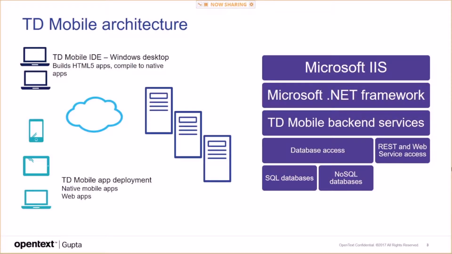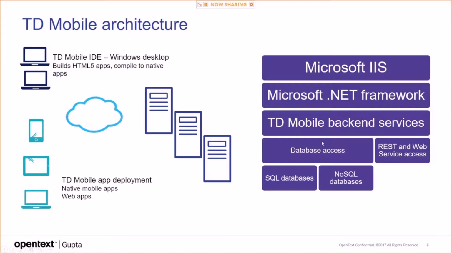So here's the TD Mobile architecture. Basically, you have an IDE that runs on Windows, 32-bit and 64-bit available. You have the backend, which is based on Microsoft IIS, Microsoft .NET, and some TD Mobile backend services.